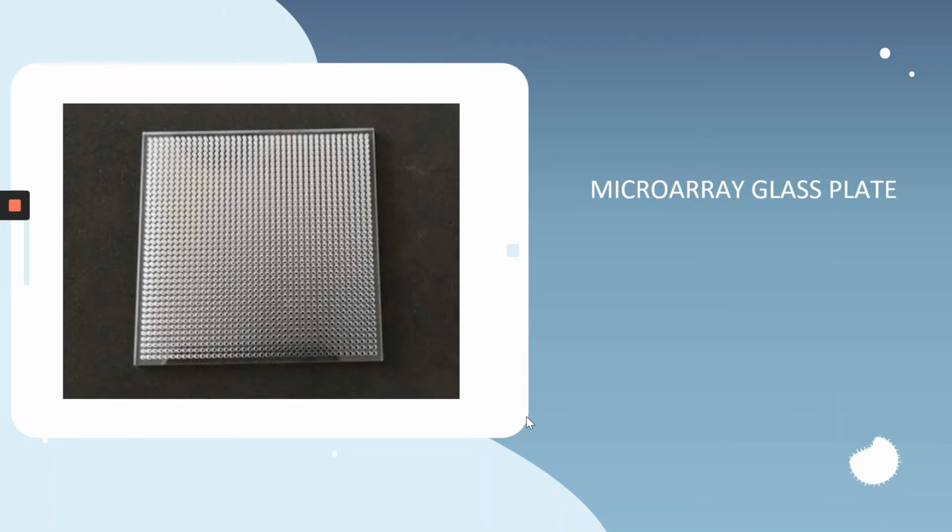So you can see that the microarray glass plate is square or rectangle, and this one actually has 1200 slots in it. Each slot has a cDNA in it, so it has each gene.